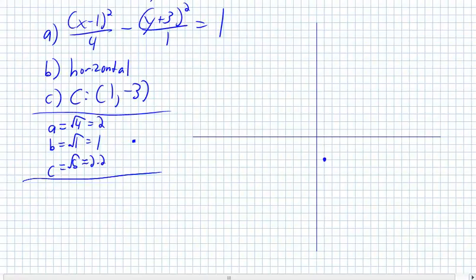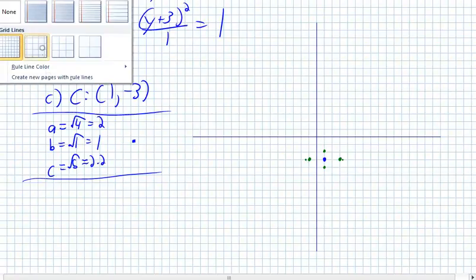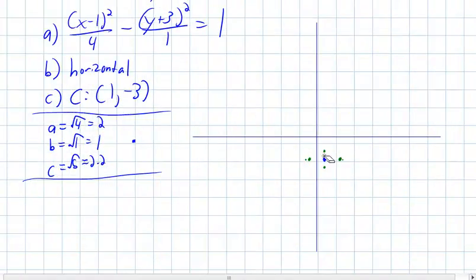So before we do part D, let's graph this stuff on here. Horizontal transverse axis. So there's our vertices. Oops, that should only be 2 over. Over 2, over 2, up 1, down 1, and then right 2.2 and left 2.2. And you know what? I'm going to quickly change this over to be a larger graph here.